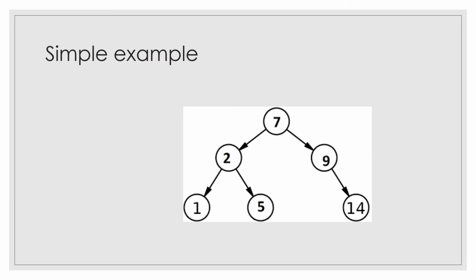So here's a very simple example. If you were given this tree and you had to visit the nodes in order using breadth first traversal, it would go like this. Start with the root node 7. Then go to level 1, 2, 9.